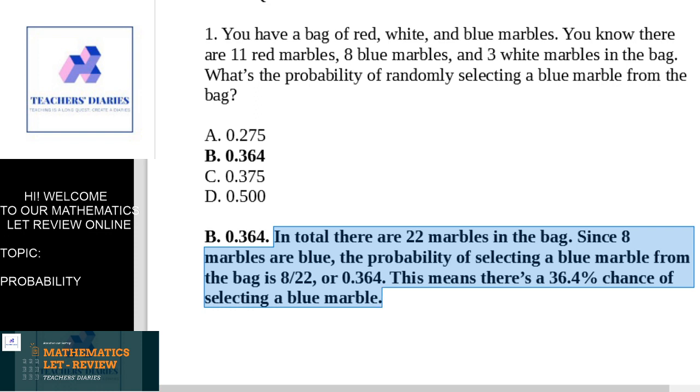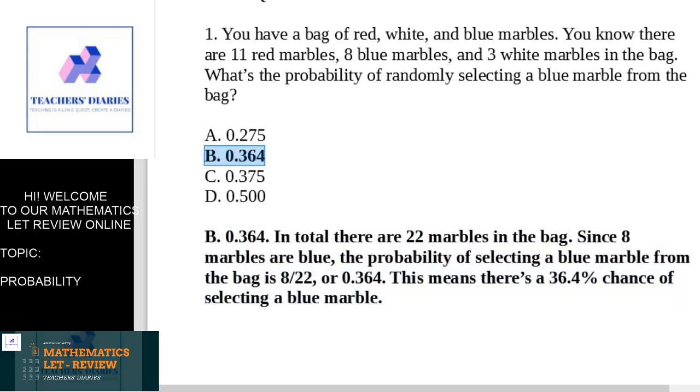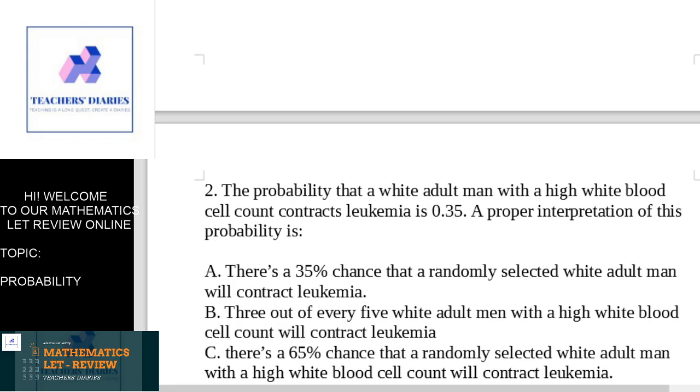So this means there is a 36.4% chance of selecting a blue marble. Okay, so that would be the explanation why the answer is letter B. Now let's proceed to the second item.